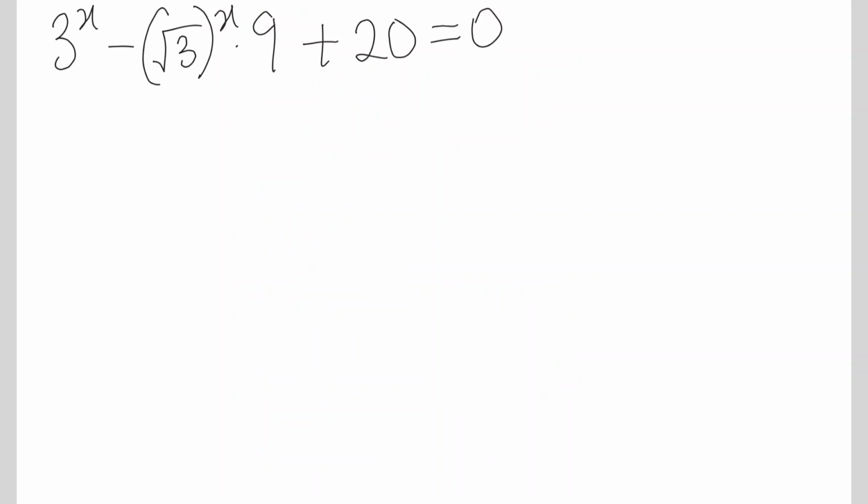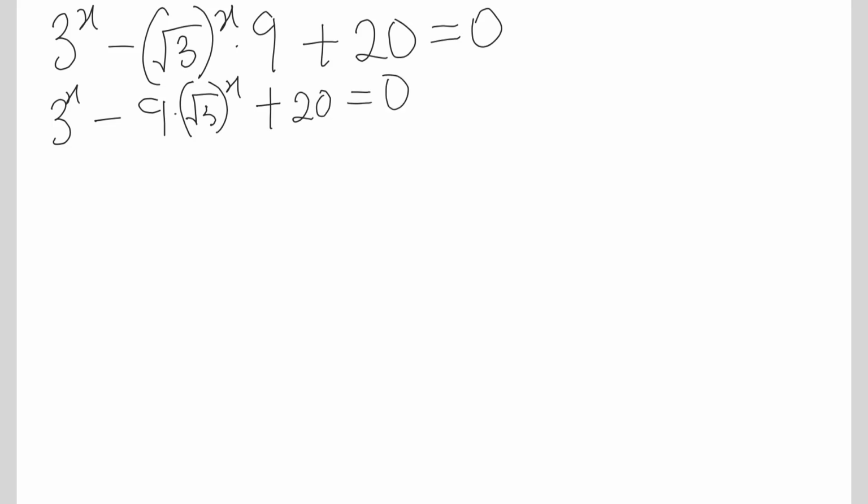Of course, I'm going to be writing 9 before square root of 3 raised to the power of x. I love it that way. So let me rearrange. So I'll be having 3 raised to the power of x minus 9 multiplying the square root of 3 raised to the power of x plus 20 equal to 0.